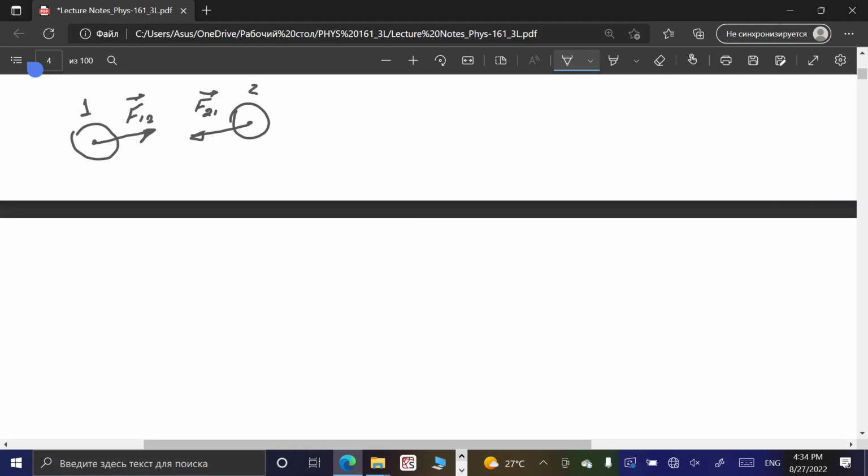And now we can write that magnitudes of these vectors are the same. However, they are pointed in opposite directions, not just different. So F12 is equal to minus F21. So that's the definition of the third law of motion.